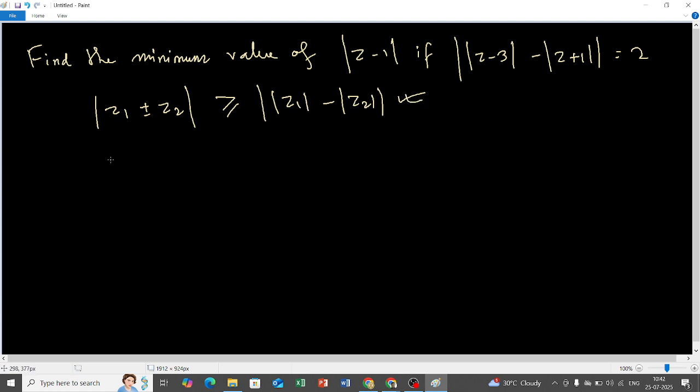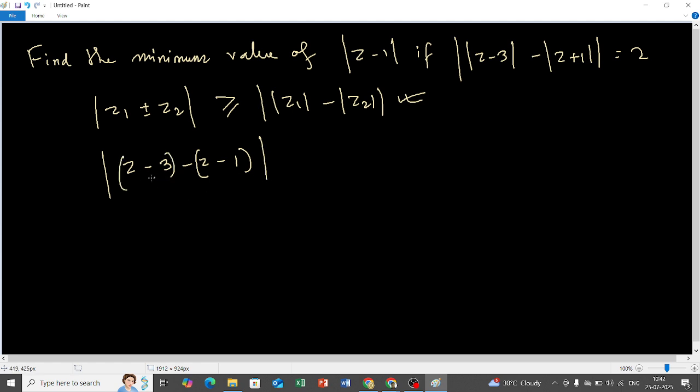Now see, this is given z minus 1. So I can write down z minus 3 plus z minus 1.